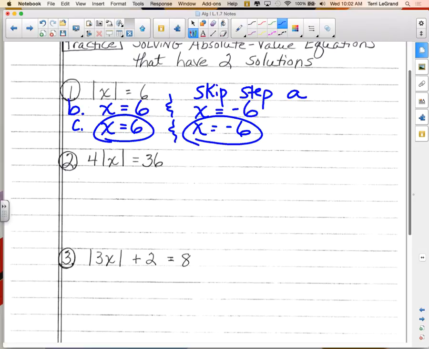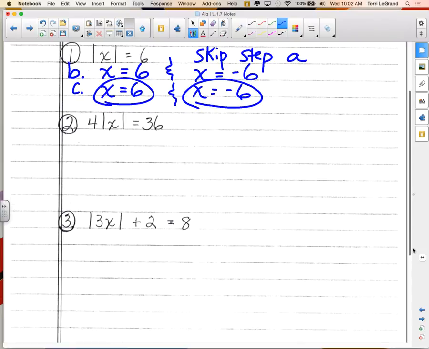Questions so far? Okay, number 2. We have to do step A? Yes, we do. That 4 outside of those absolute value bars, next to the absolute value bars. Those absolute value bars are not parentheses, but it acts the same way. If we had a number outside parentheses, it would mean which operation? Multiplication. Well, this means multiplication also, but we don't do distributive property. Don't do that, okay?